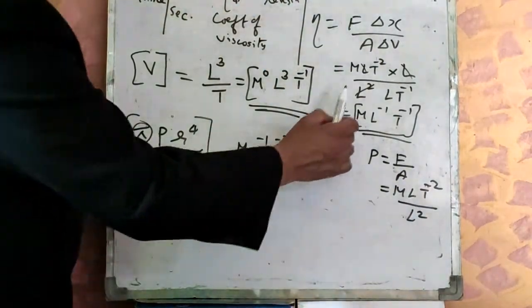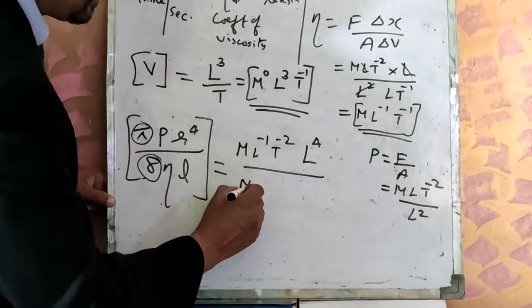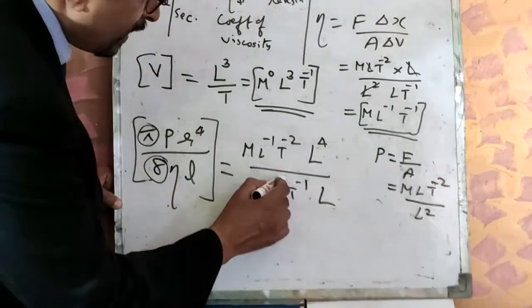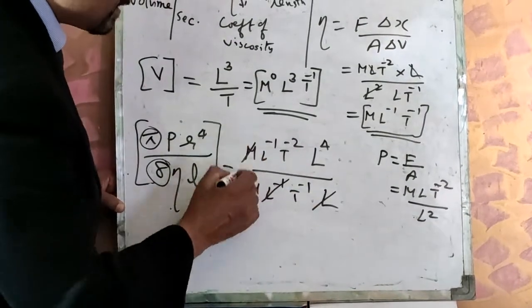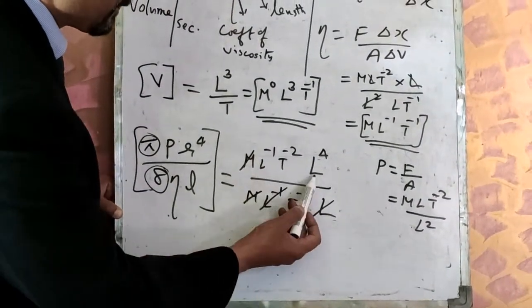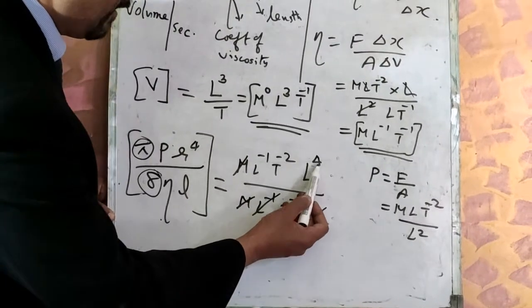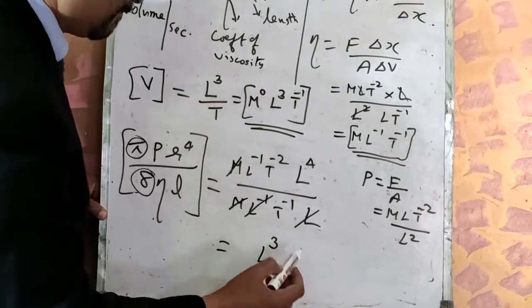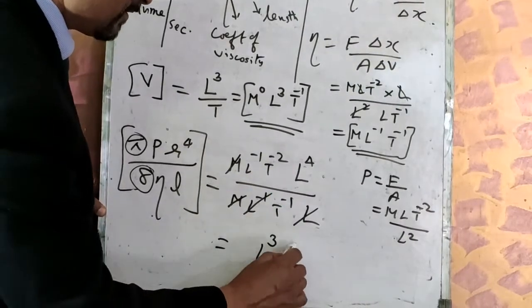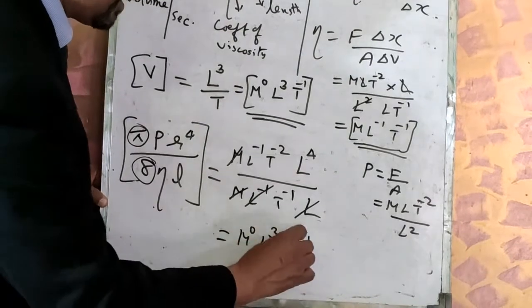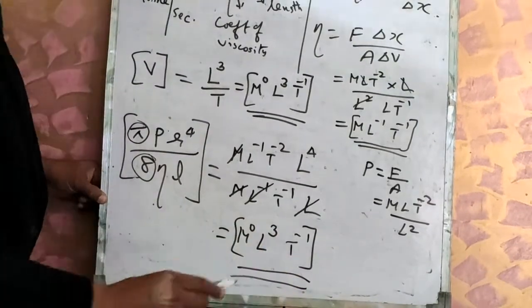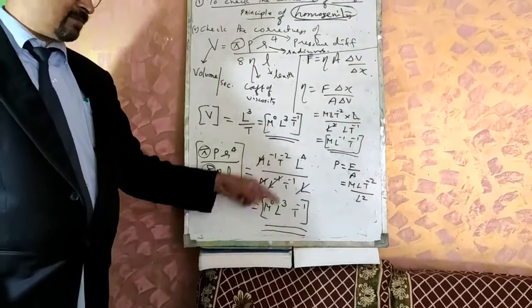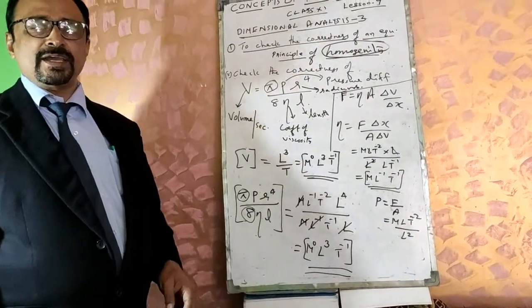Now eta, the dimensional formula for eta is M L minus 1 T minus 1, into length L. Here it's very clear, L minus 1 and L cancel, mass cancels. What is left now? L for L minus 1, so it is definitely L3. T minus 2, T minus 1, so it will be T minus 1. And there is no mass term. So the dimensional formula for V and the dimensional formula for pi P r raised to 4 by 8 eta L are the same. Therefore, the equation is dimensionally correct.